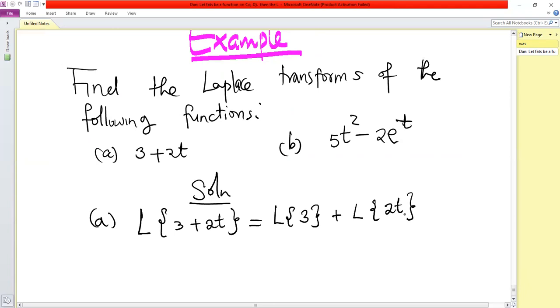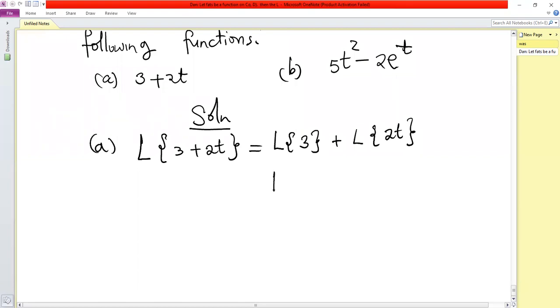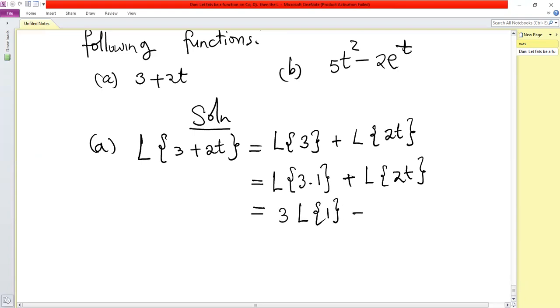So using the first case of linearity, we can write this as 3 times 1 plus the Laplace transform of 2t, or 2 times t. Now using the second case of linearity, you can write 3 times the Laplace transform of the function 1 plus 2 times the Laplace transform of t.